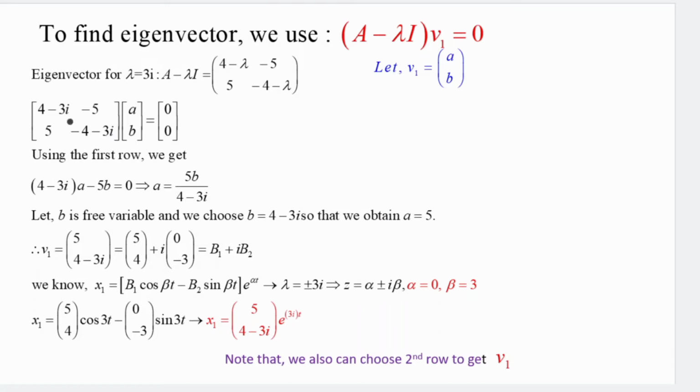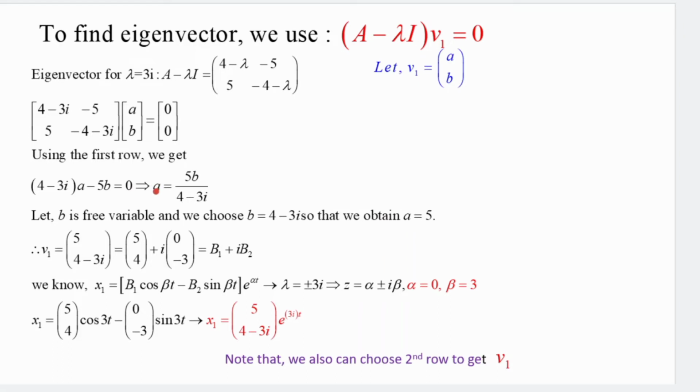So this is a matrix equation. Now we solve this equation. Here we can use the first row, also we can use the second row. Here I use the first row. So using the first row we get 4 minus 3i times a, then minus 5 times b. So we use the row by column method. So (4 minus 3i)a minus 5b equals 0.